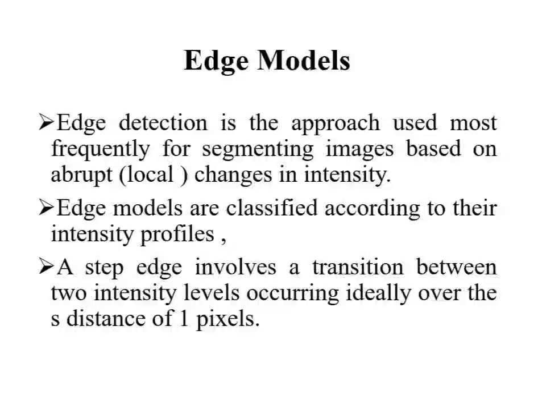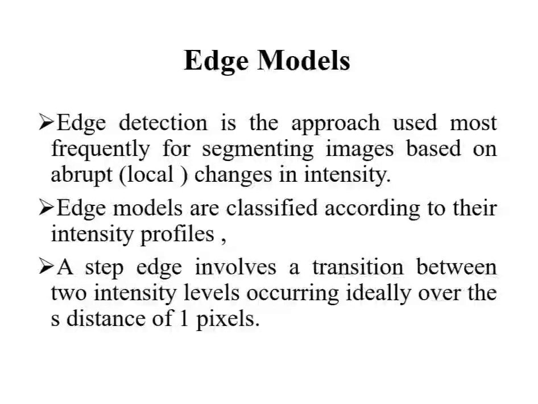And the third model of edge is the so-called roof edge. Roof edges are models of lines through a region, with the base of the roof edge being determined by the thickness and sharpness of the line. Let us consider one example, that is an image generated by a computer for use in areas such as solid modeling and animation.